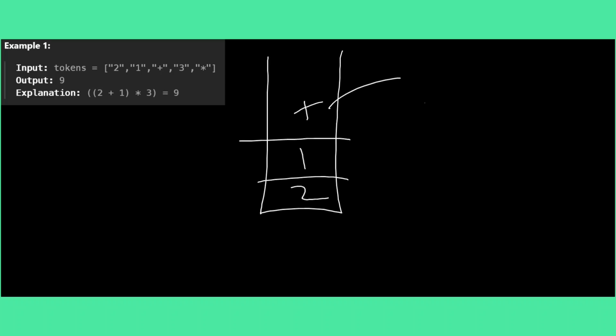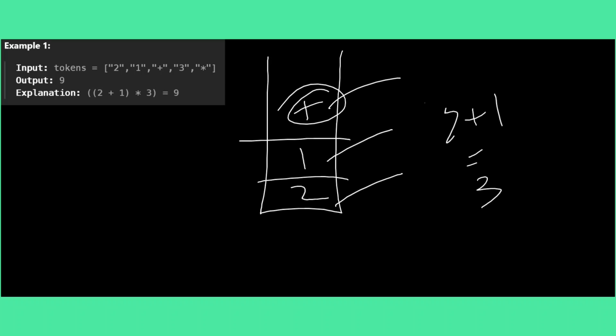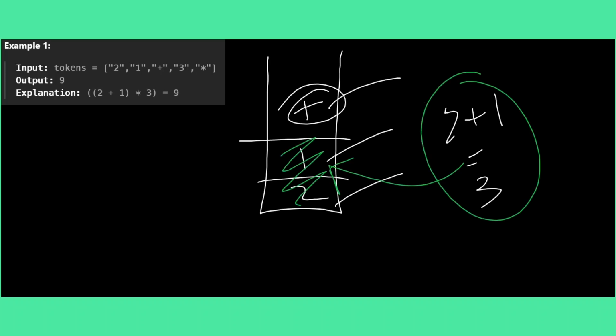If I found plus, I'll pop the last two items out and then add them, and then this new item will be added to the stack, and all these will be removed, right, because they were popped. So the new stack is just 3.